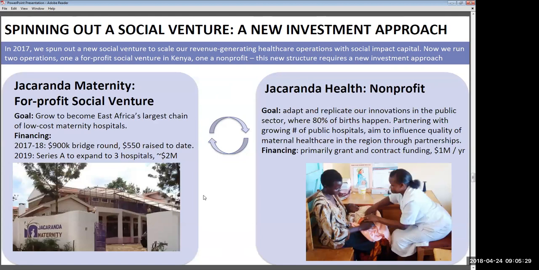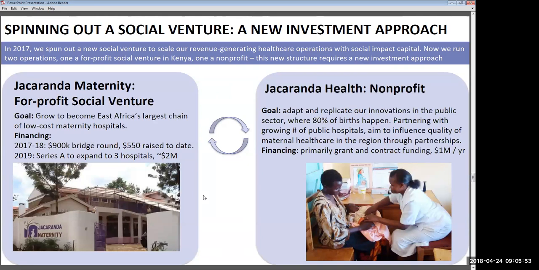And so what we did was we worked with pro bono lawyers and spent a bunch of time internally figuring out the right way to do this, but we spun out a for-profit social enterprise, which is still mostly owned by the nonprofit. It is a for-profit healthcare service delivery organization.